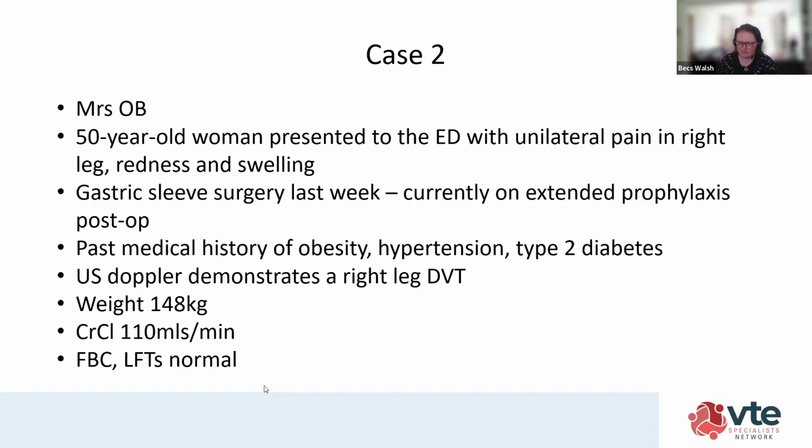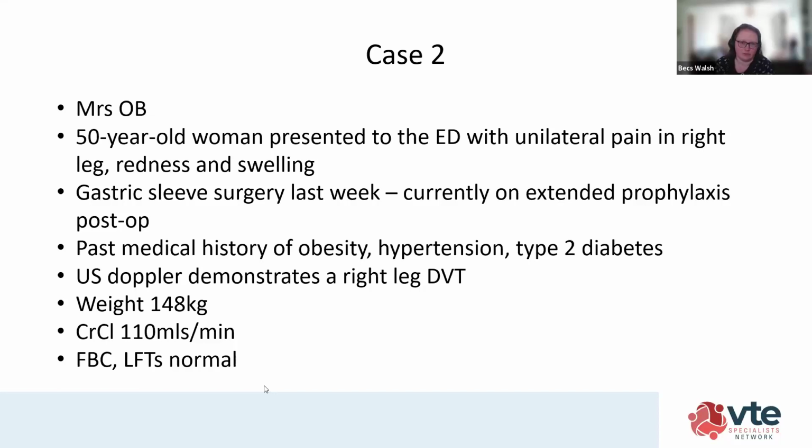Beginning to realise the pitfalls of making up cases. So this 50-year-old lady presented to the emergency department with unilateral pain in her right leg, redness and swelling. She had gastric sleeve surgery the previous week, and at the time of presentation was on extended prophylaxis post-operatively.